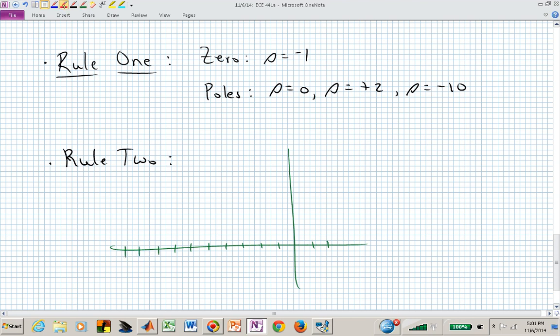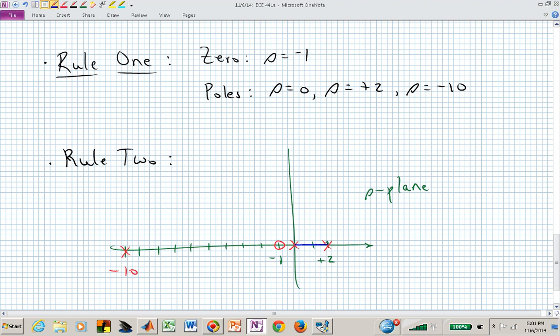Hopefully I've drawn enough tick marks. There's the pole at 2, a pole at the origin, a zero at -1, and another pole at -10. With those locations now identified in the complex S-plane, we can now slice up our bread.